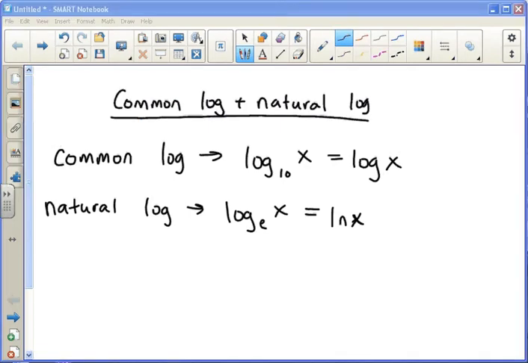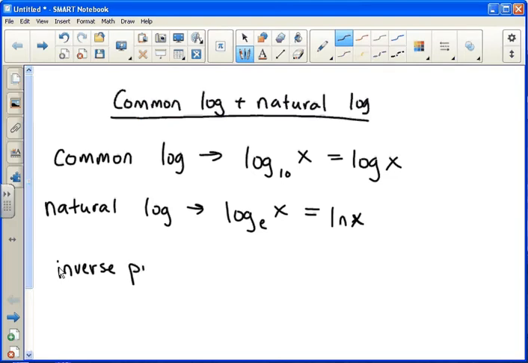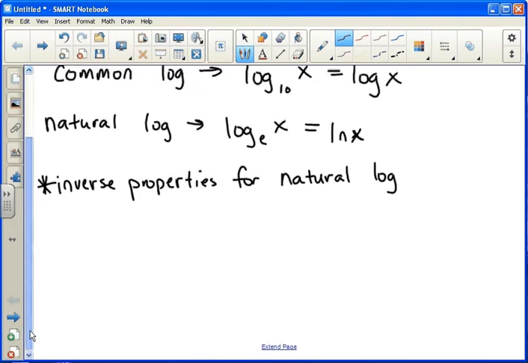Now that we've talked about the natural log, one thing that we didn't get to yesterday was the inverse properties for natural log. Just a quick reminder of what we saw yesterday.